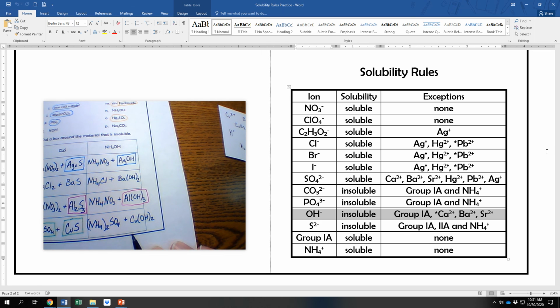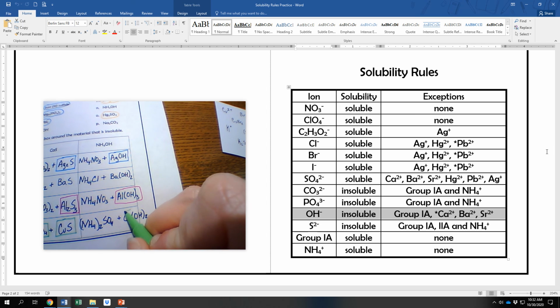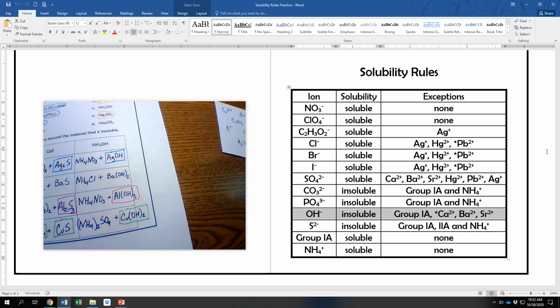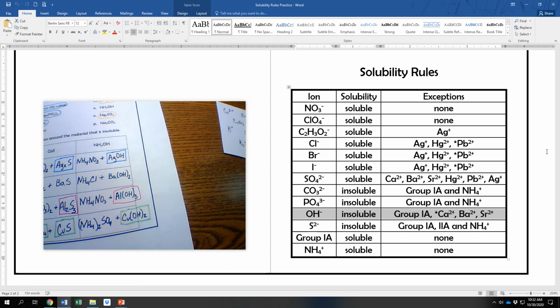Copper hydroxide will stay a solid. It is insoluble. So again, on your test, you'll see problems like this, where you have to identify what the soluble materials would be.